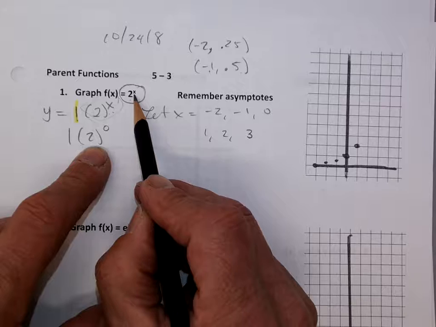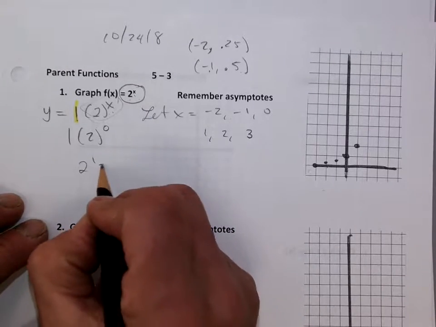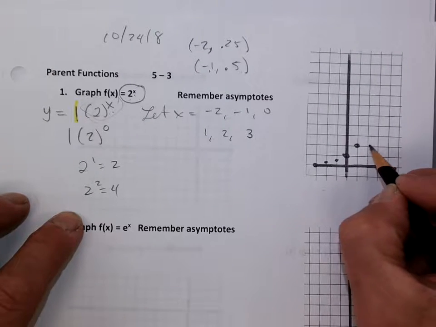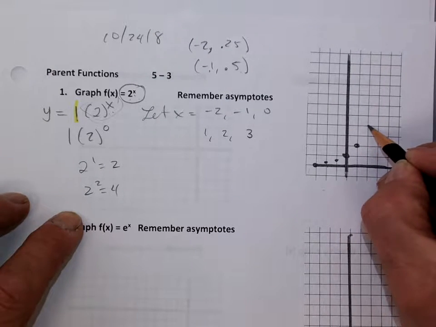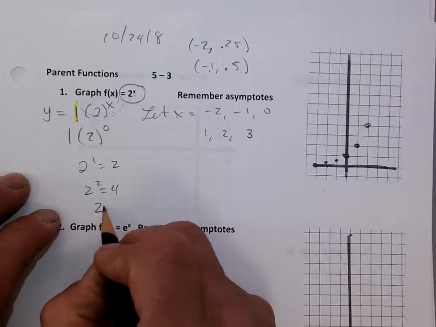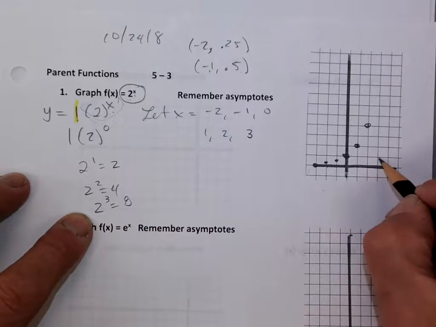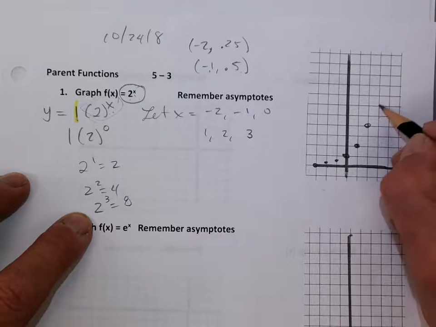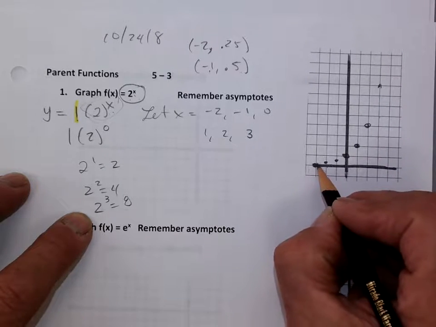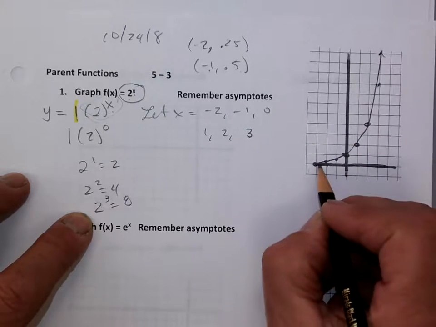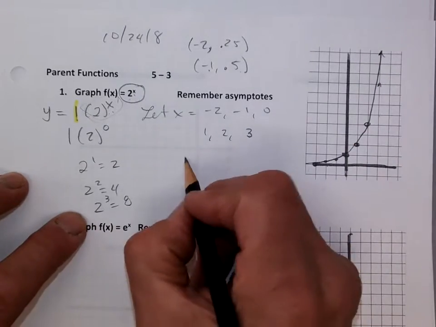I know that: 1, 2, 3, 4. And then 2 to the 3 power is going to end up being 8: 1, 2, 3, 4, 5, 6, 7, 8. It is exponential. We talked about that the other day.